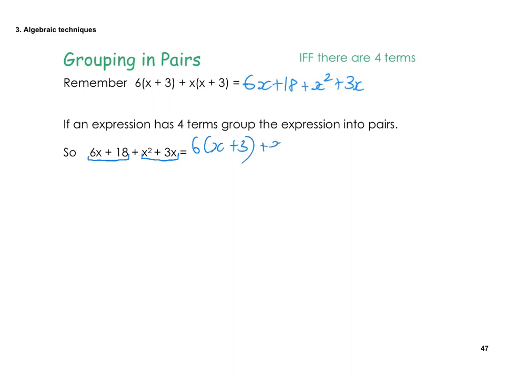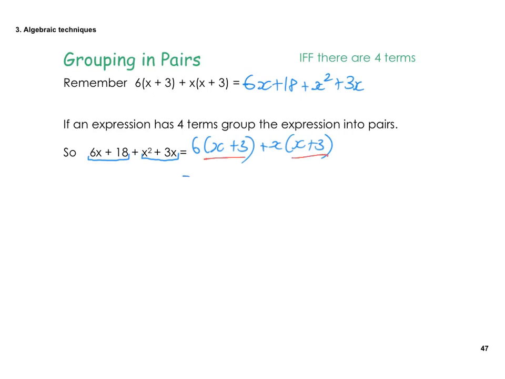plus x times x plus 3. You can see that we now have the original question again. But think back to question 4 from the last slide. Is this my final answer? Hopefully you can see that x plus 3 is a common factor.